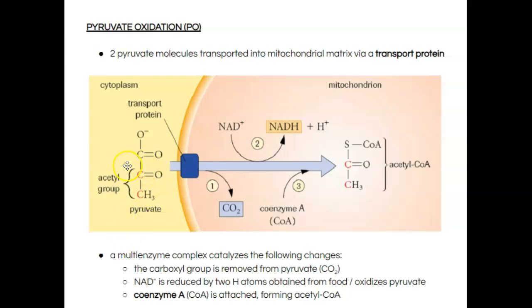But our pyruvate molecule does move into the mitochondria via a transport protein. Those are the proteins that are embedded within the membrane. Right, so here's our pyruvate molecule. Let's take a look at it a little bit more closely. You'll remember pyruvate has 3 carbons. So here we have 1, 2, 3 carbons.